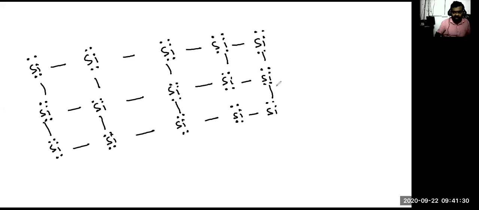Each atom has 4 electrons. Now you can see these 2 electrons will form a bond with these 2 electrons, and similarly here, these 2 electrons will form a bond, and here also.